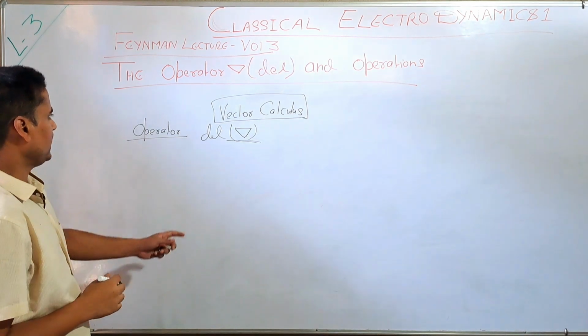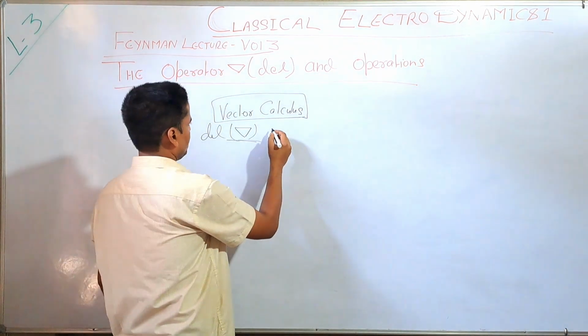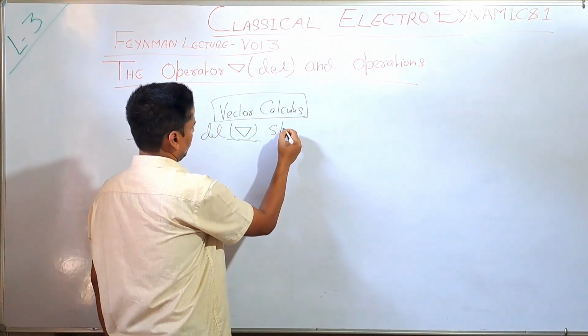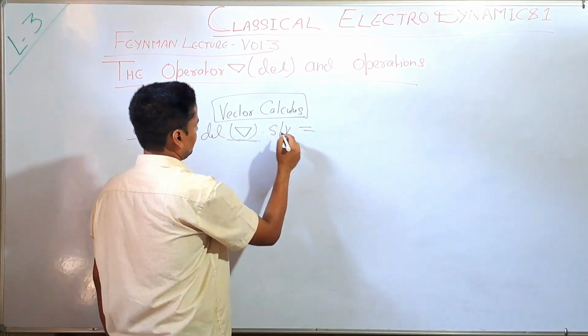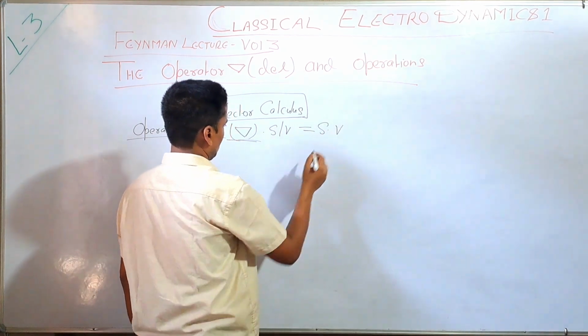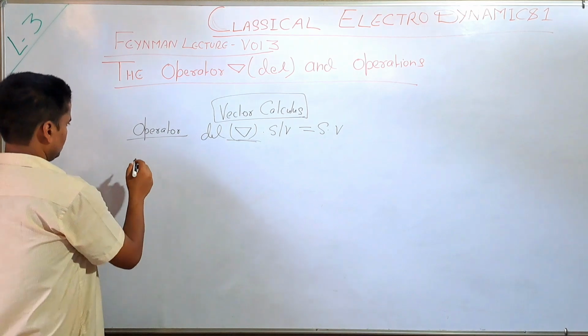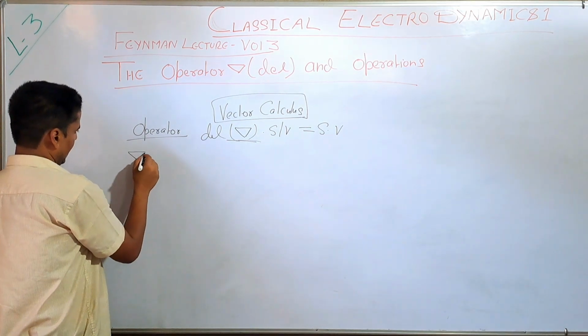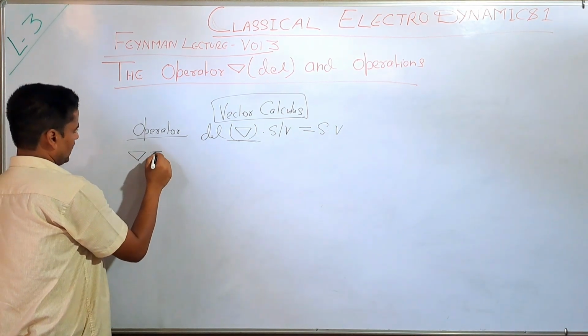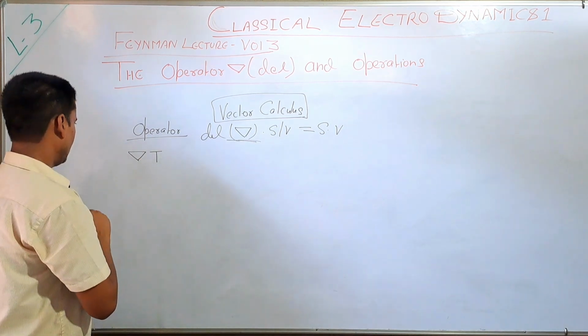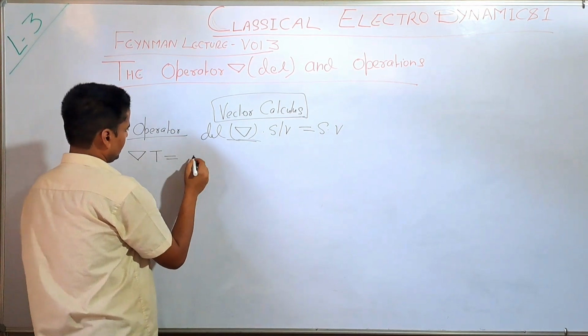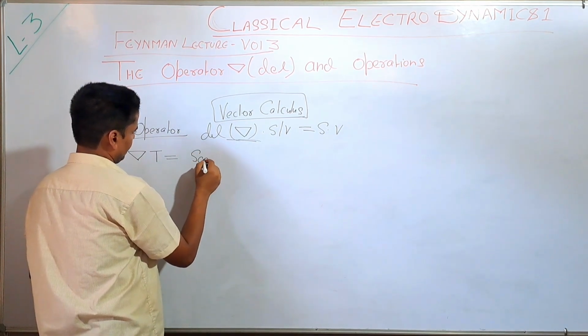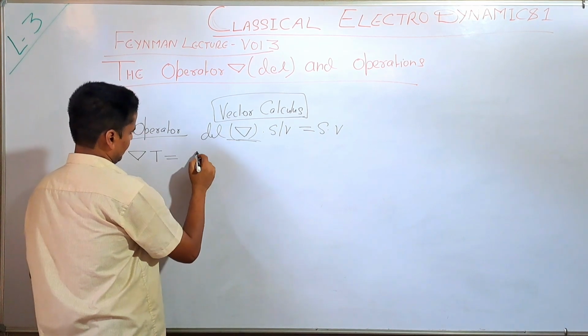It is a mathematical entity which acts on some field, either scalar field or vector field, and gives a scalar or vector as output. So there is the operator del, which is acting on a field and will give some scalar field or vector.